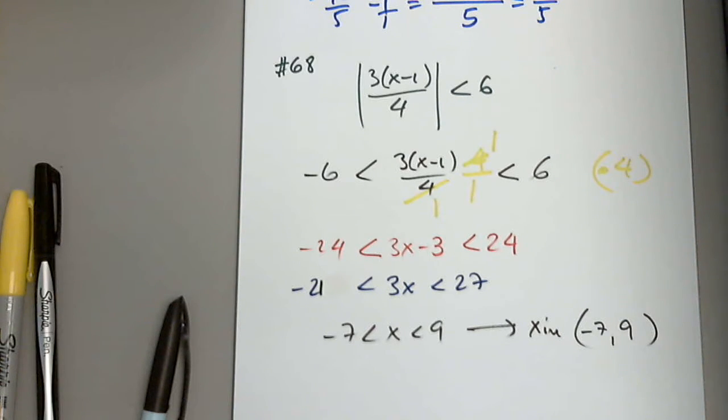So if I add, I have to add to all 3 sides. I add because I want to eliminate this. Then I divide all 3 sides because I want to eliminate this. And when I divide everything, negative 21 divided by 3, 3x divided by 3, 27 divided by 3, because I'm looking for x, plain x, x alone.